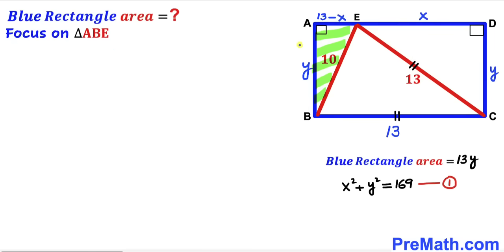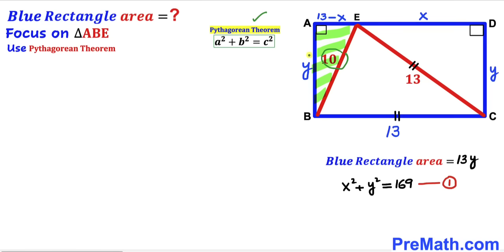Now we are going to focus on this other right triangle ABE, and apply the Pythagorean theorem on this triangle as well: a squared plus b squared equals c squared. In our case, our hypotenuse is 10, whereas our two legs are 13 minus x and y.